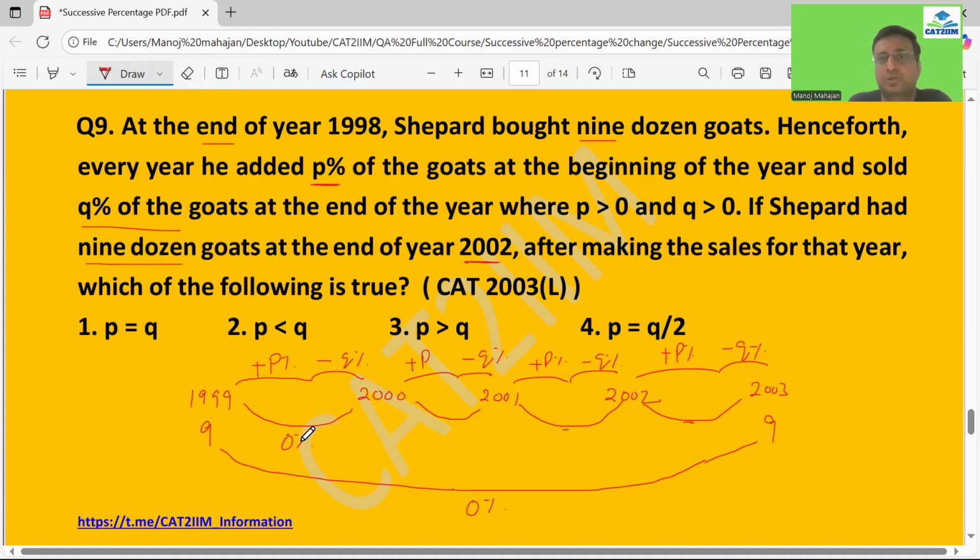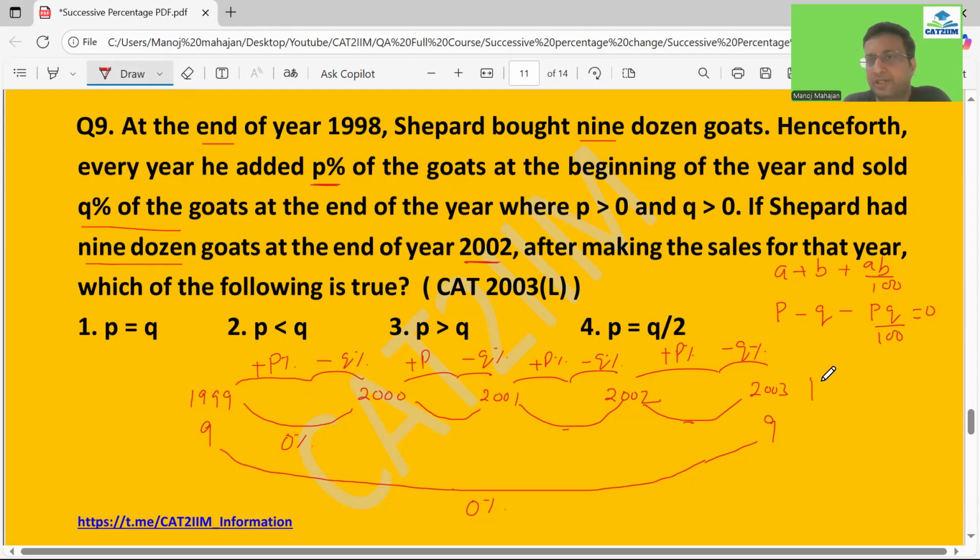If you use the successive formula, which we did in the Successive Percentage Change 1 class also, what was that? A plus B plus AB by 100. Here my A is P, and let's say this is Q. So this result should come out to be nothing but 0.